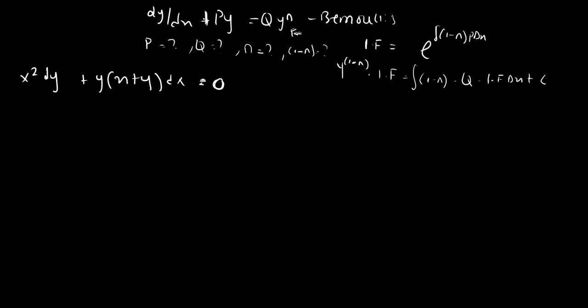Since that cannot work, the next thing is to check whether you can put it in the form of a linear equation or Bernoulli's equation. If you can, then you use linear or Bernoulli's equation. But if you try and it still does not work, the next thing is to try homogeneous equations, or equations reducible to homogeneous equations. If those do not work, then you have to try exact differential equations.